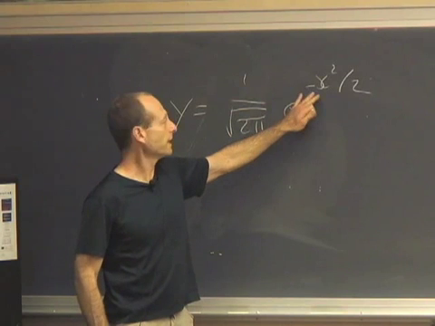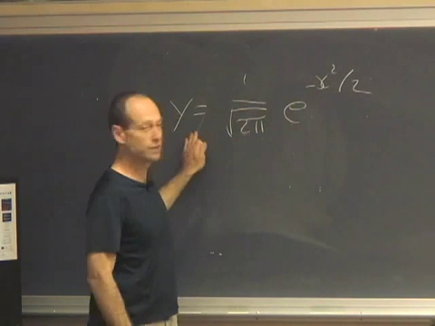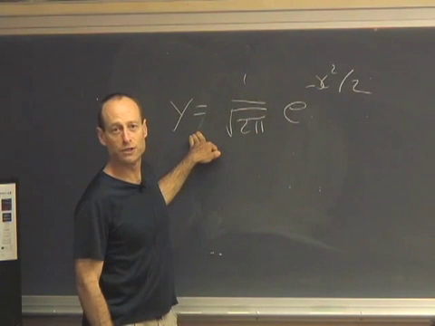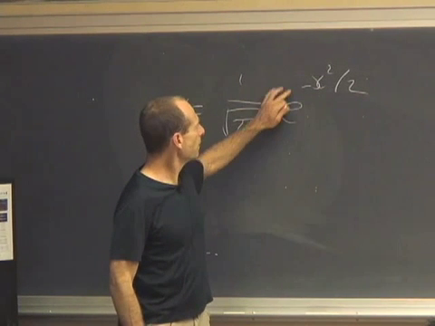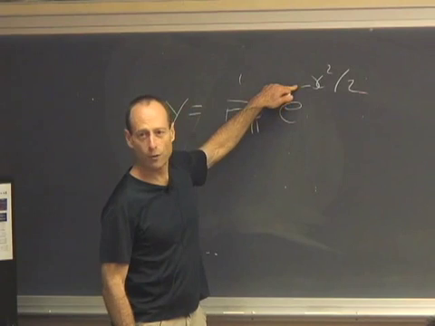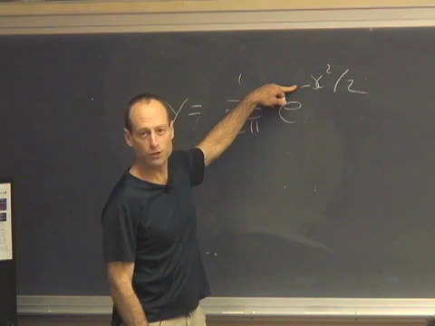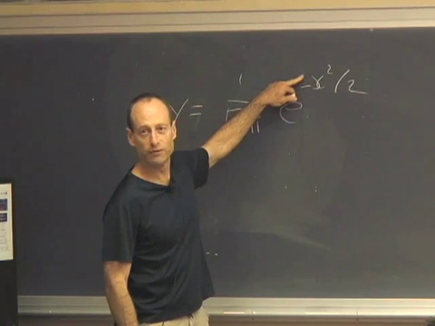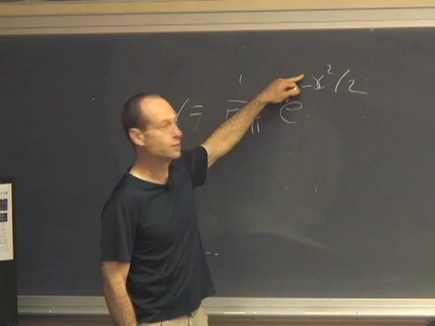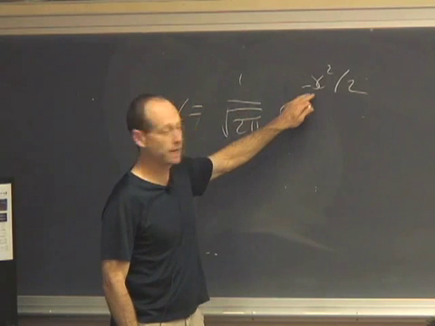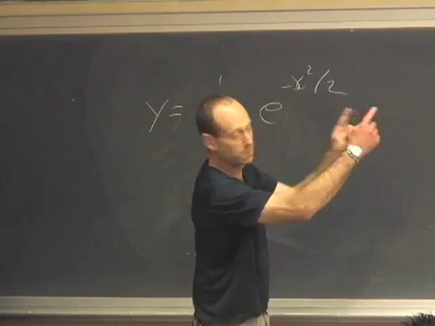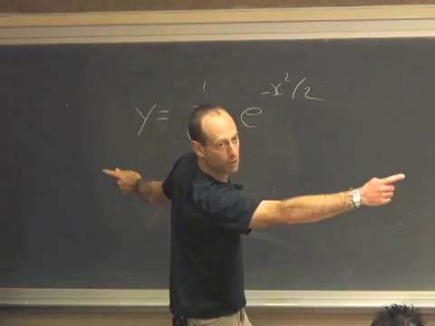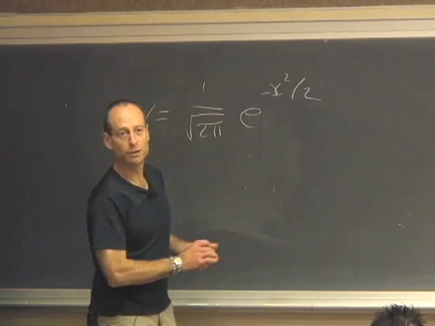So if you plug in x and you plug in minus x, you get the same value for y. It's symmetric. The other thing you should notice is e raised to a negative power gets smaller and smaller the bigger that negative power is. So the maximum value occurs when x is equal to 0. So this is a bump at 0. It's symmetric, and it gets smaller and smaller the further away you get from 0.